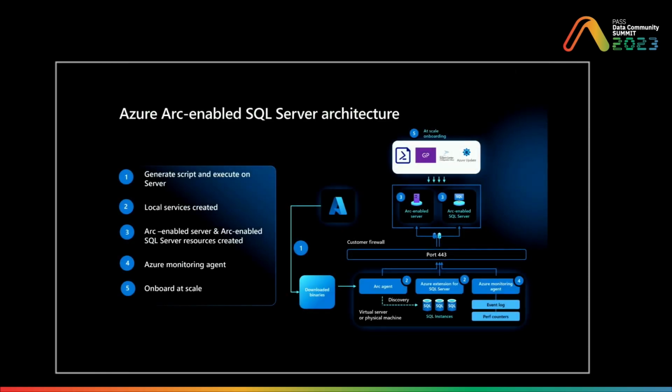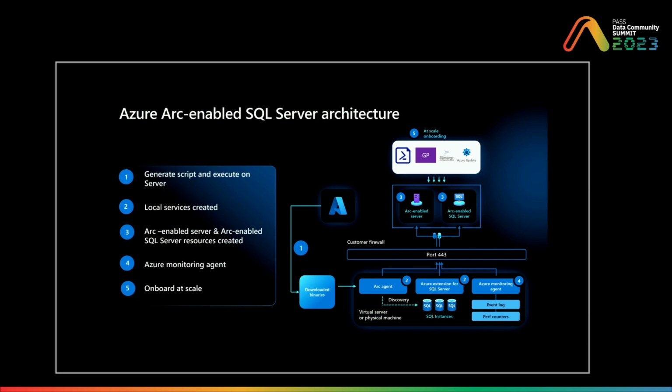So this is a little bit of an architectural diagram. Basically, I'm going to go through this. You have your SQL servers which are running outside of Azure, like on-premises, right? When you Arc enable, first we Arc enable the server at the Windows level. It will come up with an agent called the guest agent. That guest agent will be deployed on your SQL server.